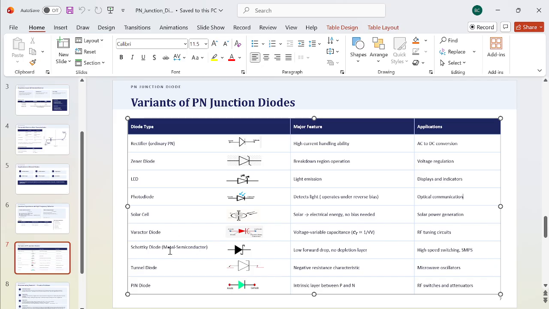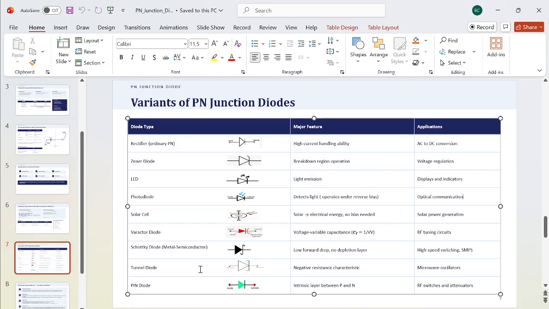As the metal does not possess any minority charge carriers, there will be no stored charges and no reverse recovery time needed. This diode, a metal semiconductor diode, the hot carrier diode or the Schottky diode, will be suitable for rectification of high frequency signals. This consists of no depletion layer.